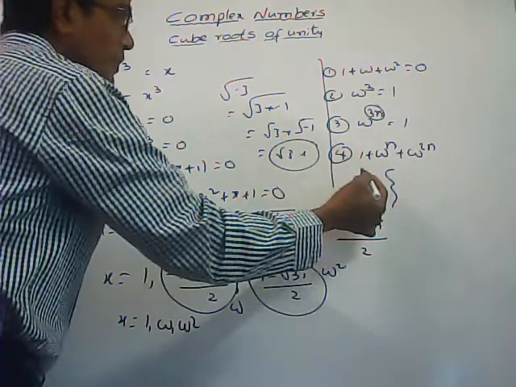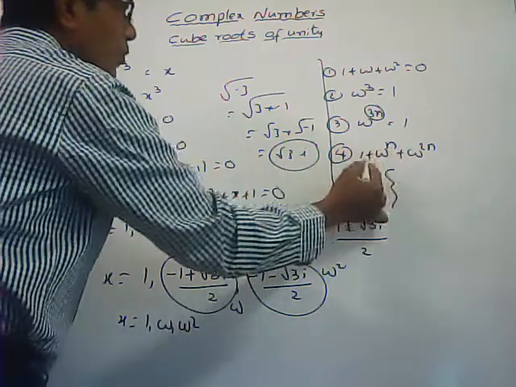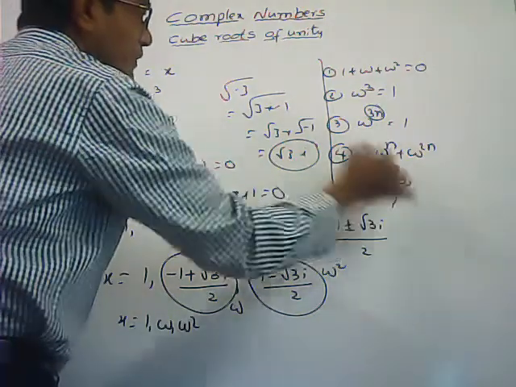So if n is a multiple of 3, 1 plus 1 plus 1, we can write directly 3.